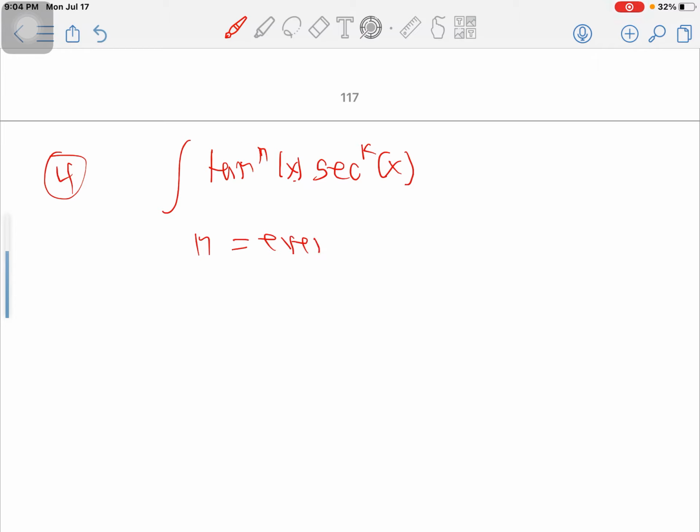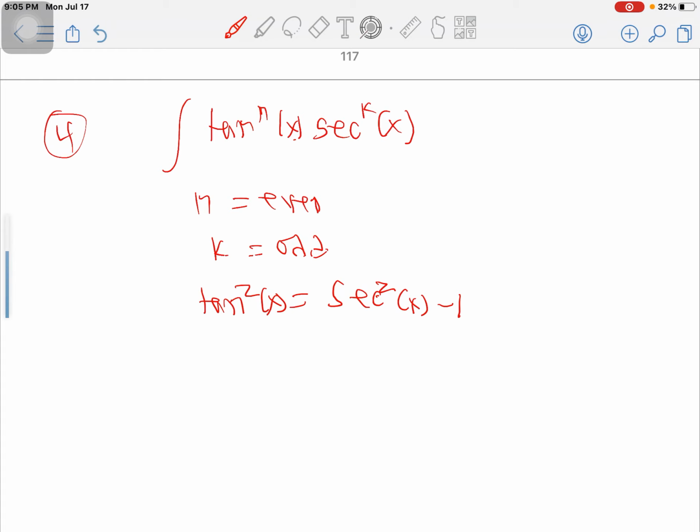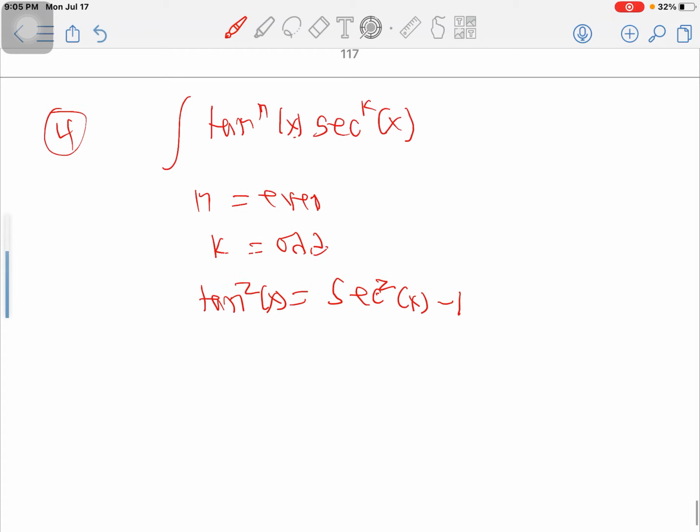For this one, strategy 4 tells us that if our n is even and our k is odd, then we can use the identity by making tan square of x the subject, and then we get the resultant term as sec square of x minus 1, and therefore it will help you to express tan to the power n of x in terms of sec x, right?